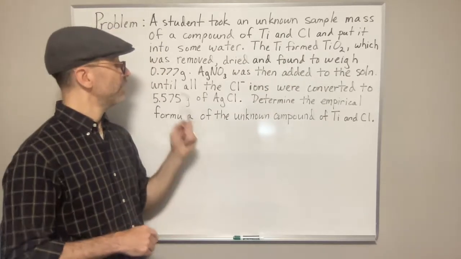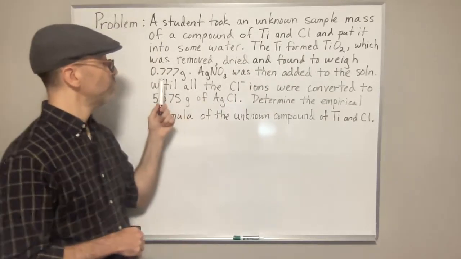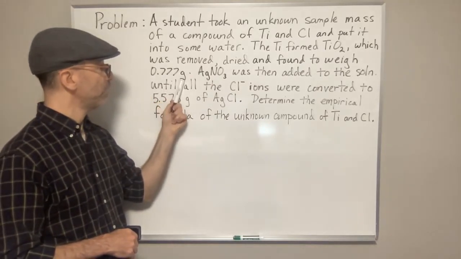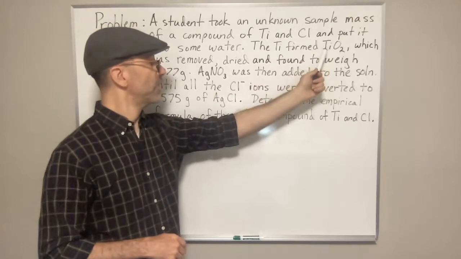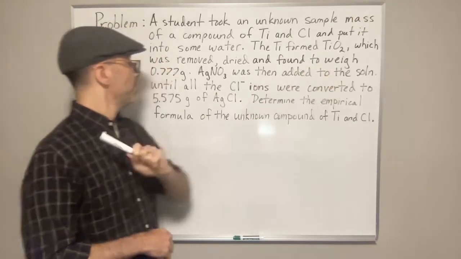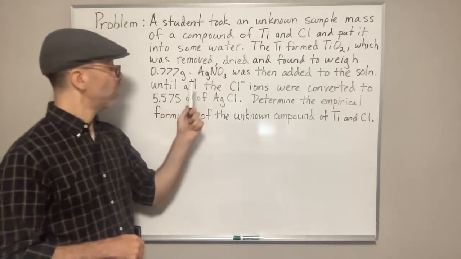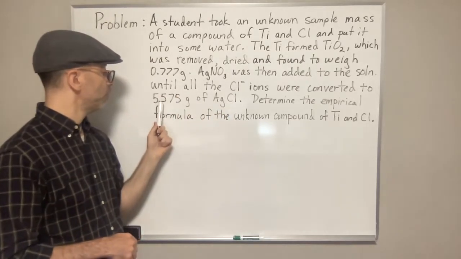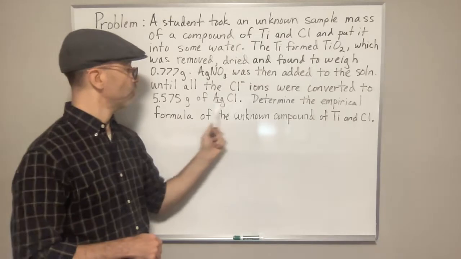Okay. And they tell you that the titanium forms 0.777 grams of the TiO2, and you're told that all of the chloride ions form 5.575 grams of the silver chloride.